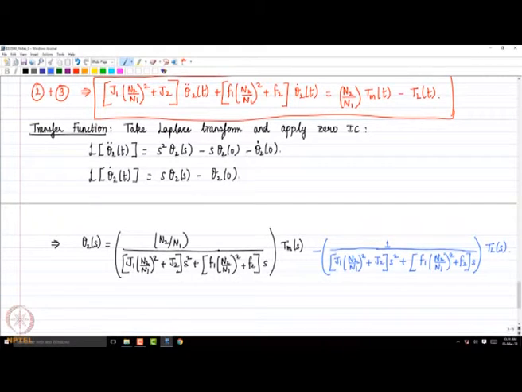So this is what we will get. Is this correct? Did I miss out something? I think it's fine, right?